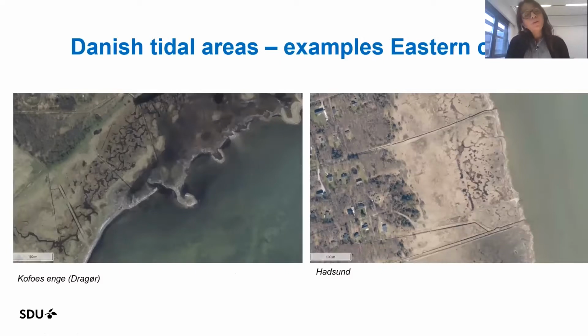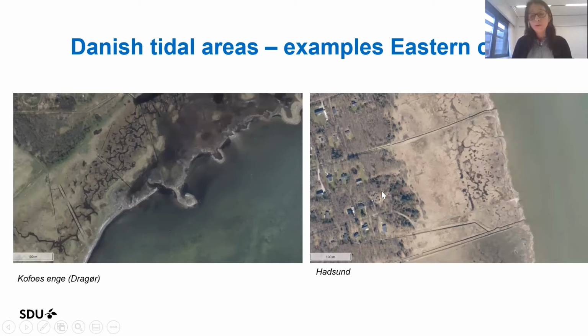I also show some Danish tidal areas, and I chose specifically to show some examples on the western coast, where the tidal regime is not as large as elsewhere, but these zones are still present and they are still important. So here we can see in Dette some tidal zones, salt marshes, also with these tidal creeks and vegetation.